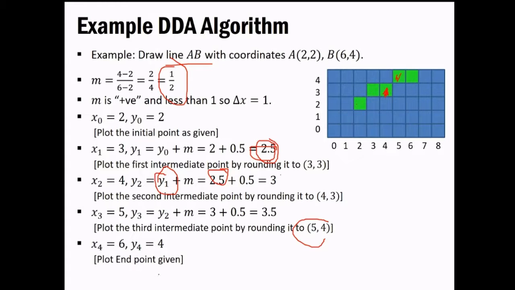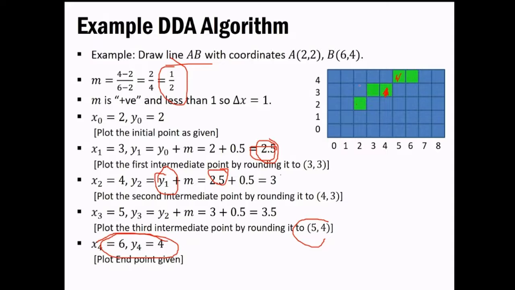Obviously we got the end point. Once we get the end point, we have to stop there. So we are able to successfully plot or draw a line. That is a very simple thing that we got out of the DDA algorithm. Now you have to consider different cases where you get different magnitudes and different positive and negative values, and based on that you have to consider the equation, fit it into this iteration and find the points.